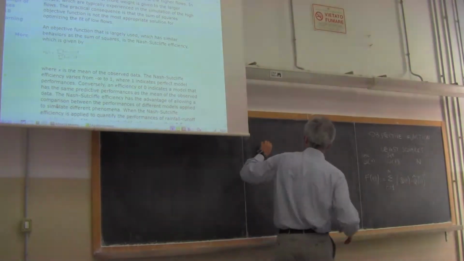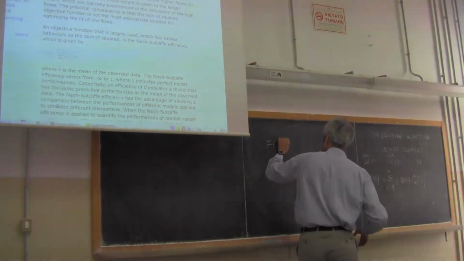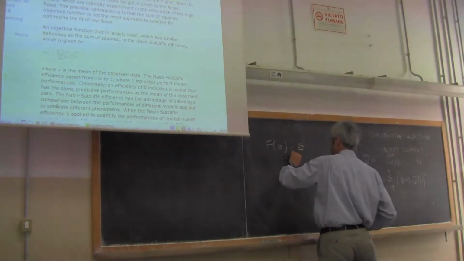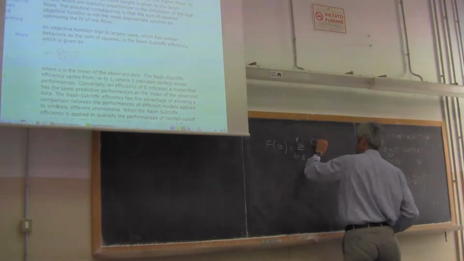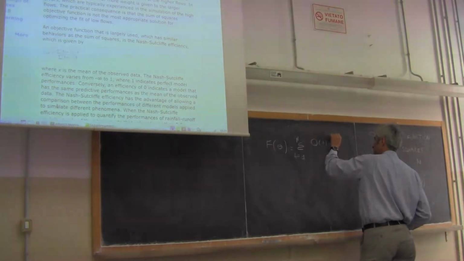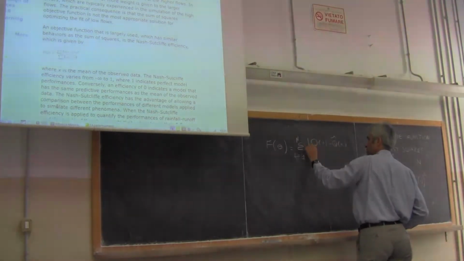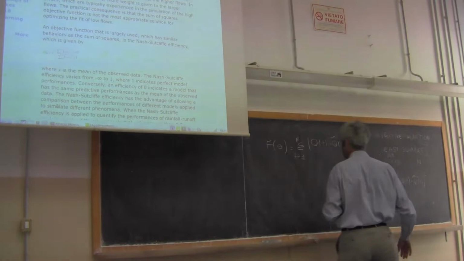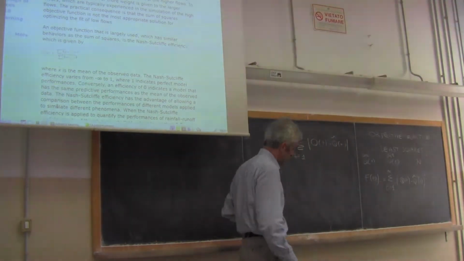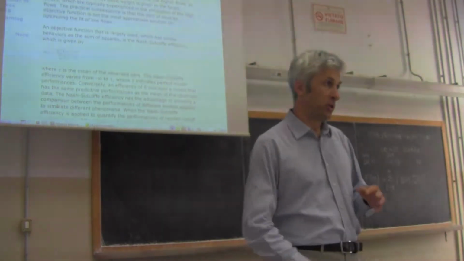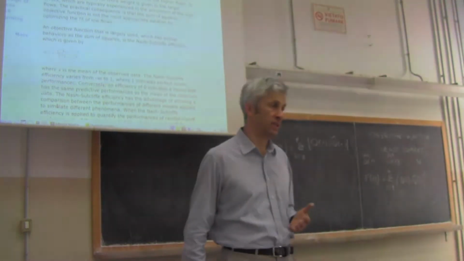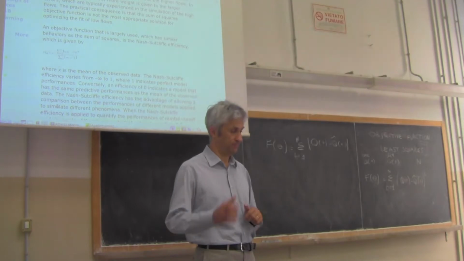So my f theta may simply be the sum for t equal 1 to n of the absolute value of Qt minus Q hat t. That's it. If you don't compute the square, of course, you give less weight to the high flows.